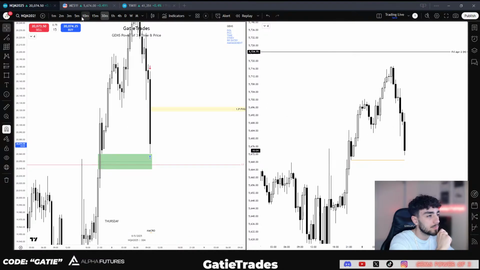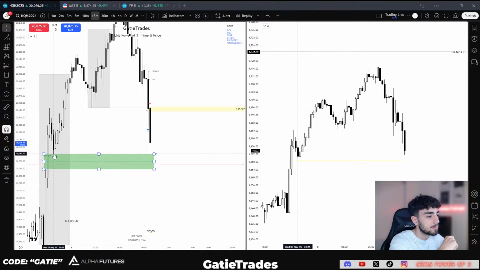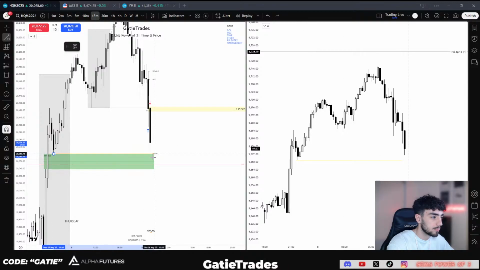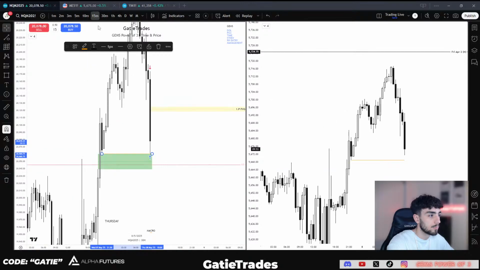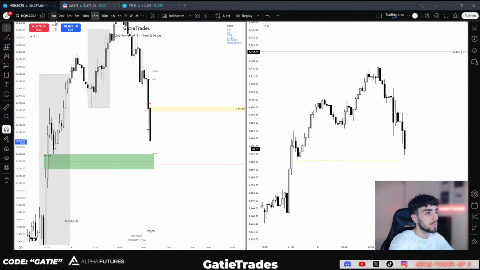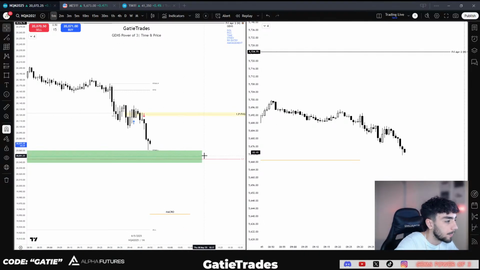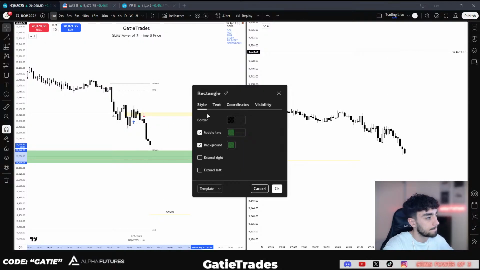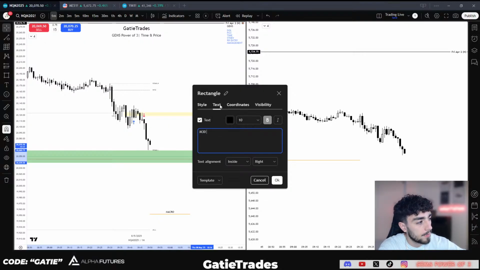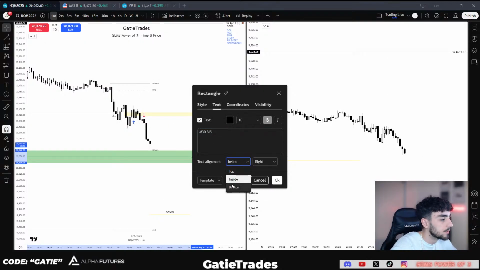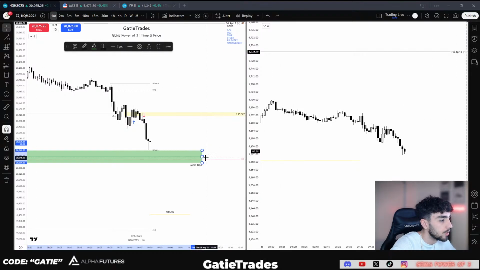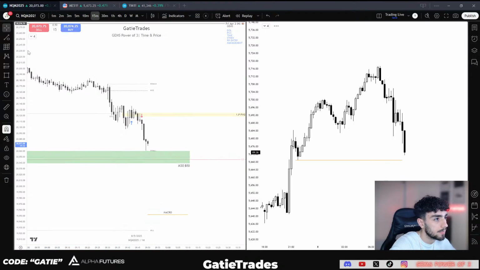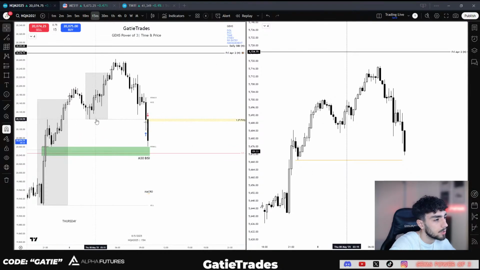All right, let's see if we can get this low. What is this low? It's the side from Asia. I don't want to keep marking out discount arrays, but if we were really bullish, we would have respected that 15-minute fair value gap I went long off of below London lows.